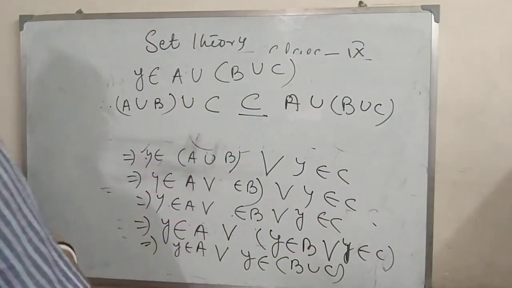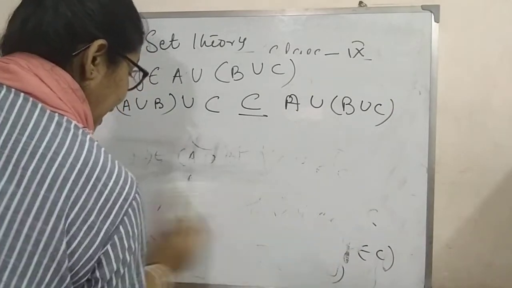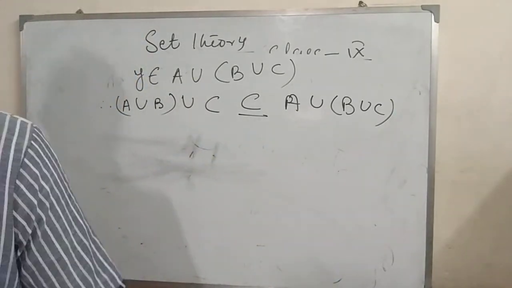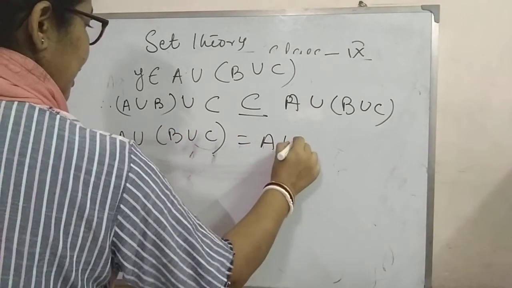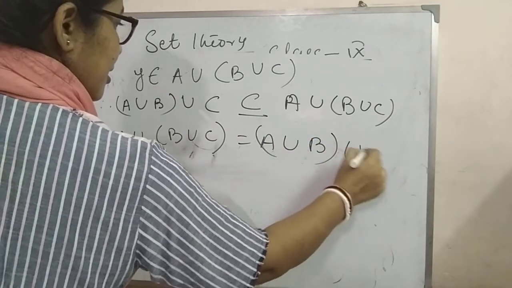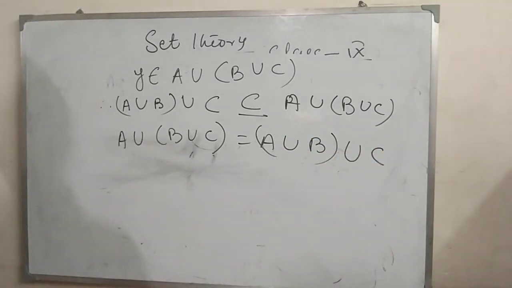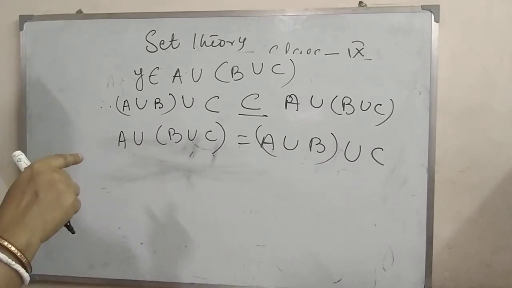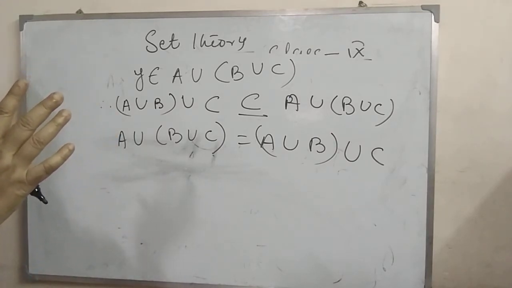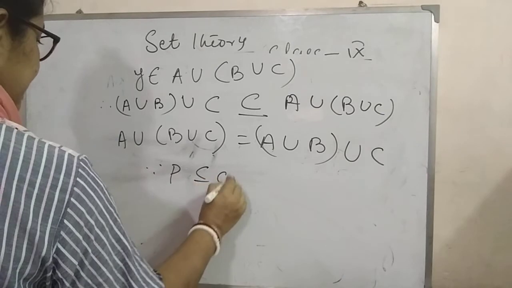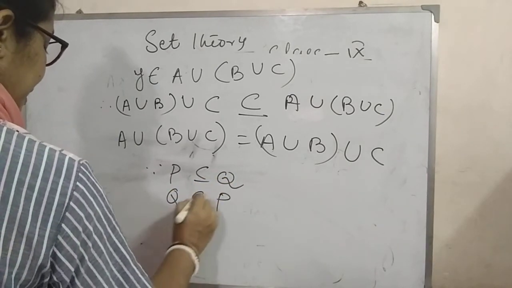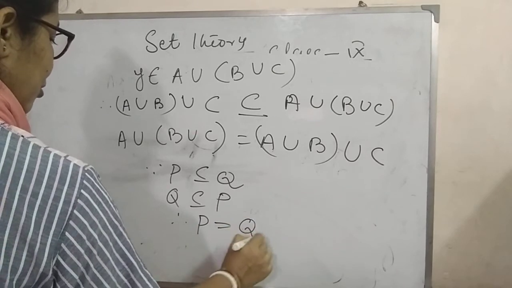From that proof and this proof, I can write A union (B union C) is equal to (A union B) union C. Because P subset of Q and Q subset of P means P equal to Q. I know it.